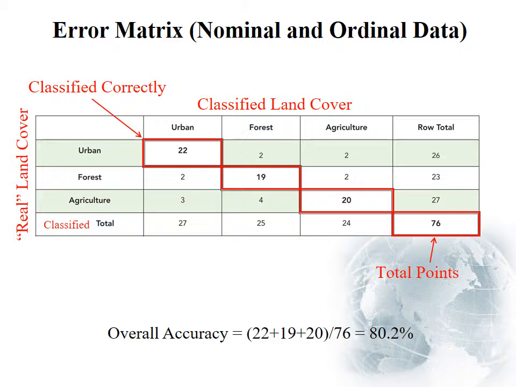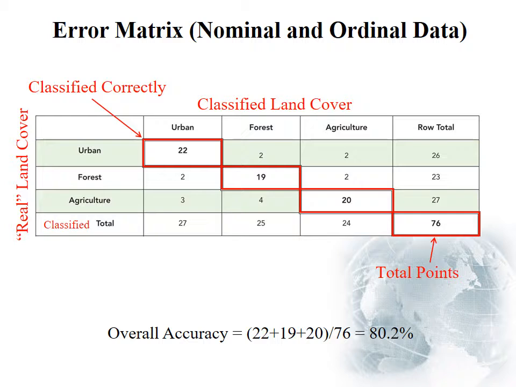So how do we read this error matrix? Let's start looking at the rows going across. The first row is urban. We've got columns of urban, forest, and agriculture, and then a total.